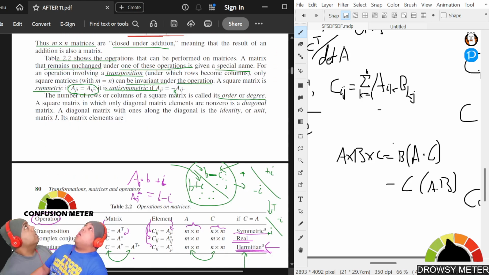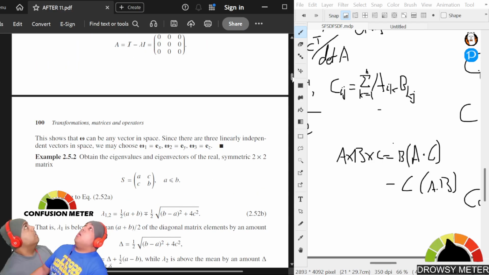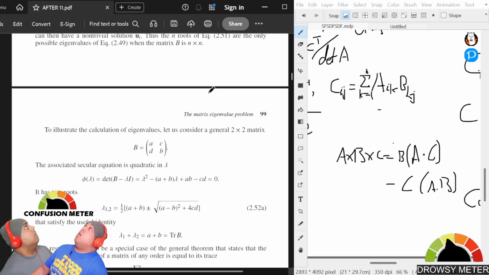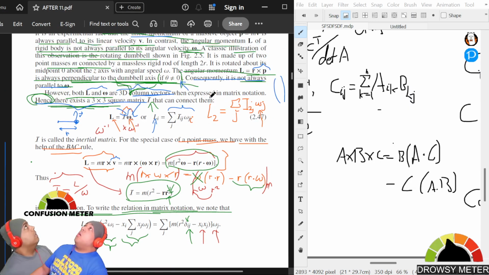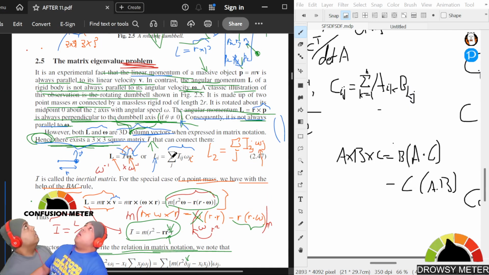Is this matrix multiplication? The I component, we're ignoring J because, okay, earlier I said this was technically a 3 by 3, but we're once again treating it as a 3 by 1.